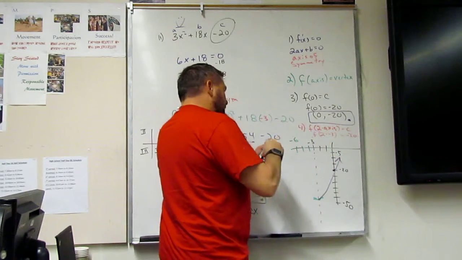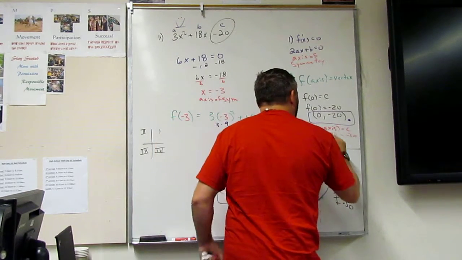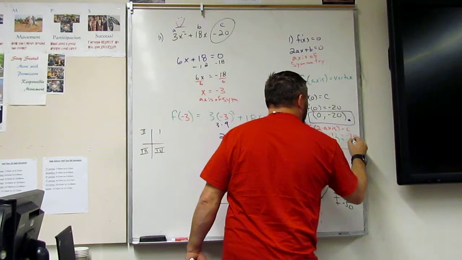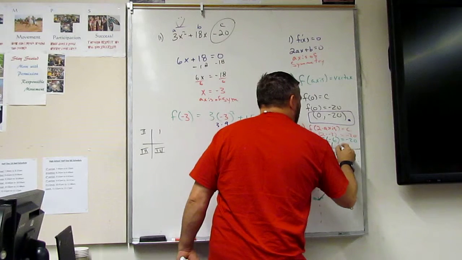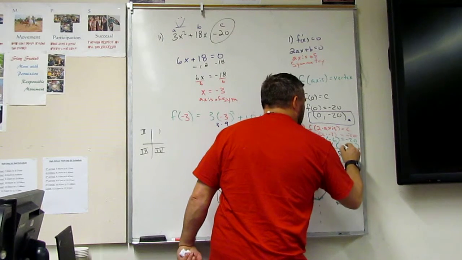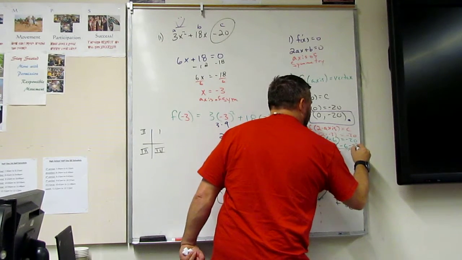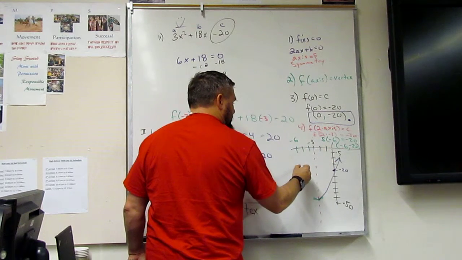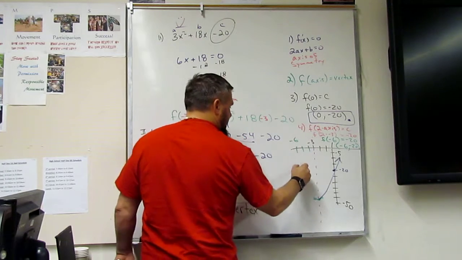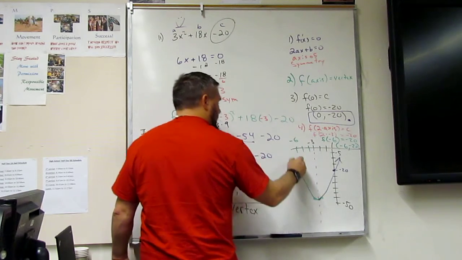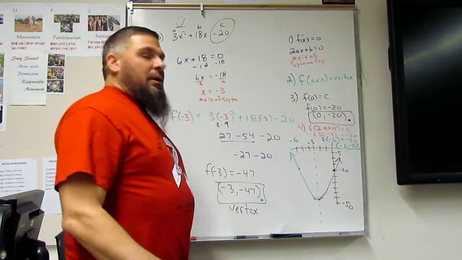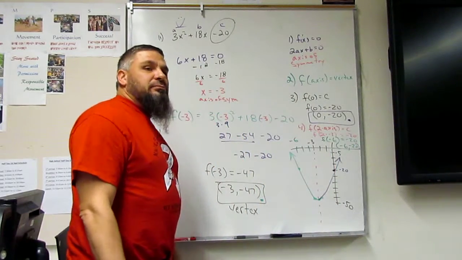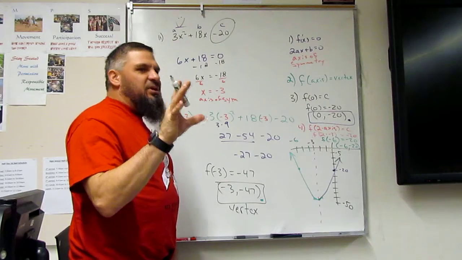And so basically, f of negative 6 is equal to negative 20. So that means I have a point here at negative 6, negative 20. And so this is where my point should be. Is that correct? So it's coming out like that. Did I do that right? Yep.